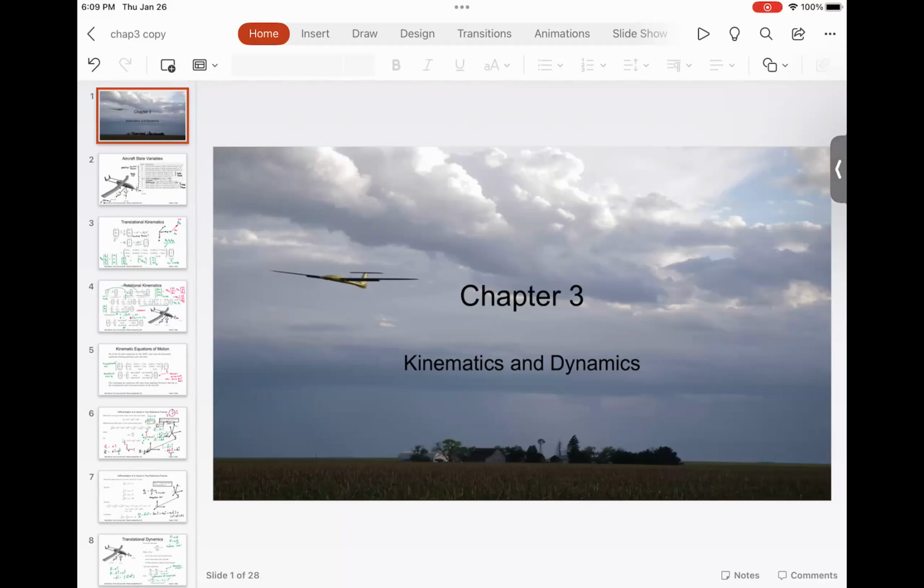So in the last few classes, we talked about the kinematics equations for the UAV or the flying robot. And we looked at in the last class, the dynamics equation for the flying robot.